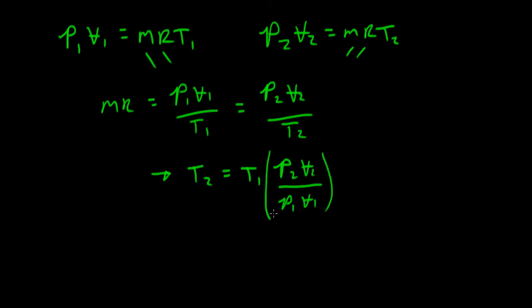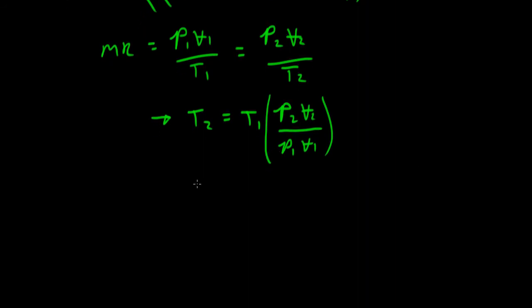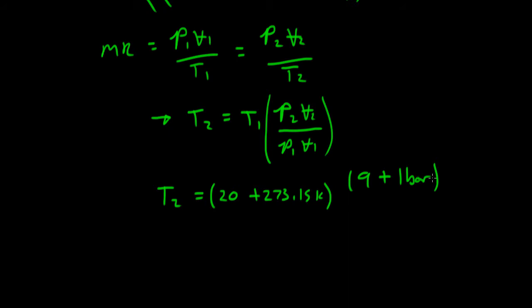Remember, we must use absolute pressure and temperature when multiplying or dividing. Substituting, we find that T2 is equal to 20 plus 273.15 kelvins times 9 bar gauge plus 1 bar atmospheric to get an absolute pressure, times V2 at the end of the compression stroke, the volume is 0.2 liters, divided by the pressure at the beginning of the compression stroke, which was 1 bar absolute, times the volume at the beginning, which was 1 liter.